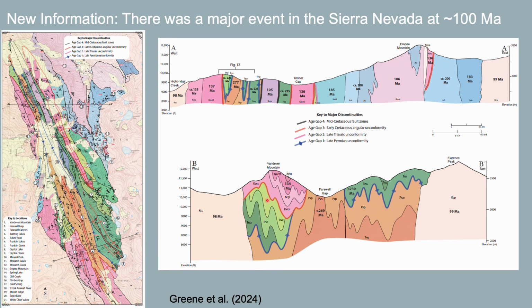They know the age of the youngest units that are folded, which are 105, and they know the age of the granitic rocks that intrude, which are 98 million years. So this deformation event is very strong and constrained to be at approximately 100 million years. Again, consistent with a hit and run model, and Green et al. also point that out.